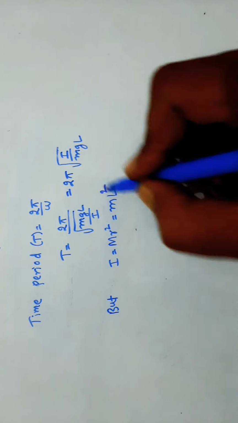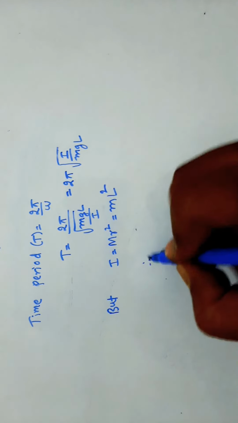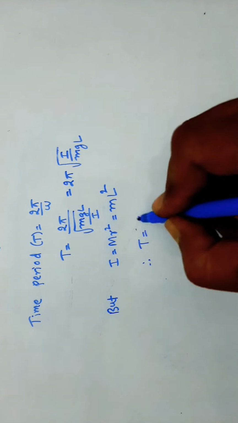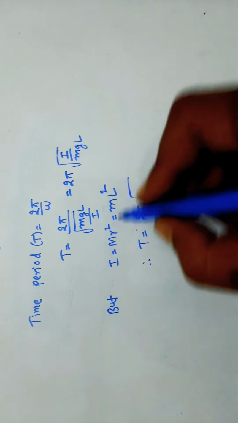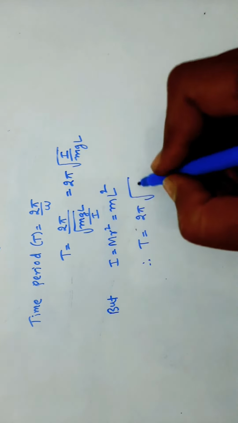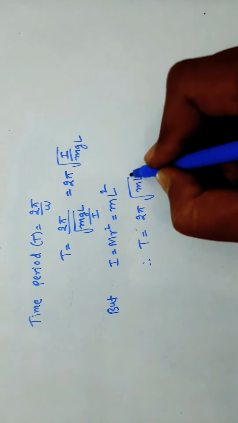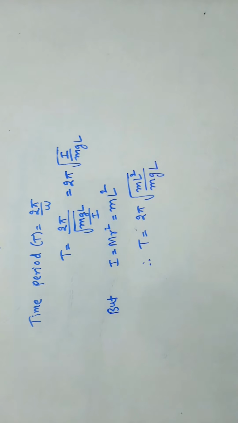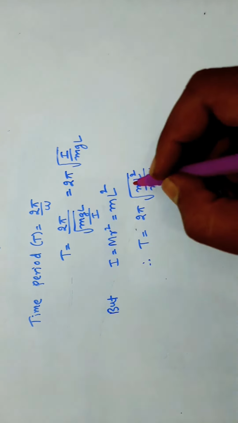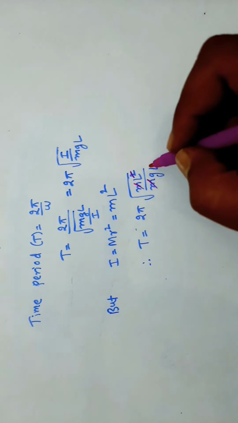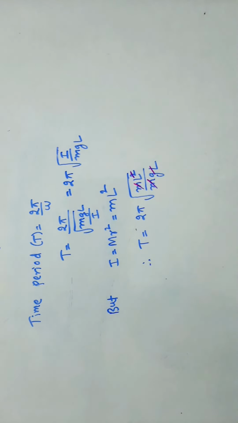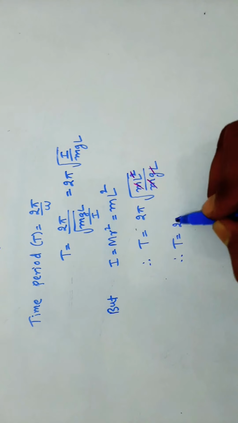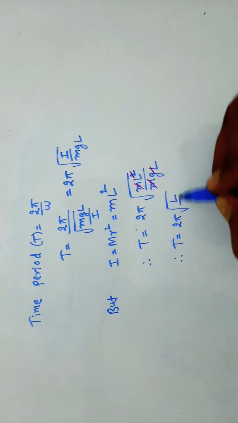So that is m l square. Therefore, substituting these values in this equation, we get T is equal to 2 pi under root of, where I is equal to m l square, by mgl. Here m cancels, l cancels. So we can write, therefore, T is equal to 2 pi under root of l by g.